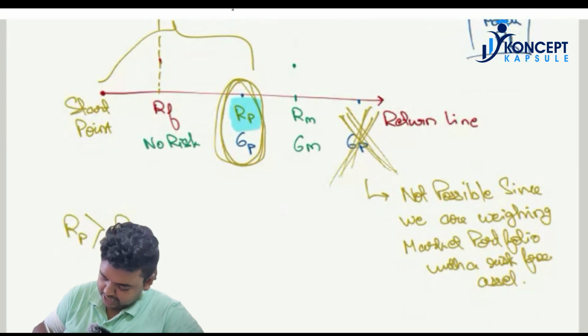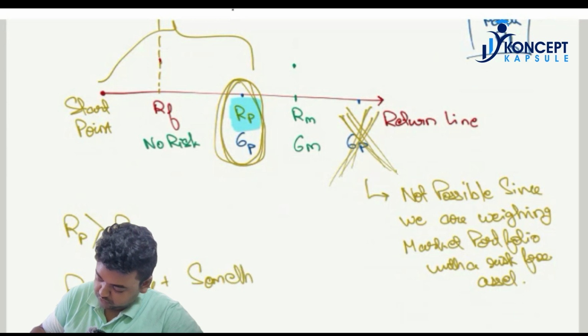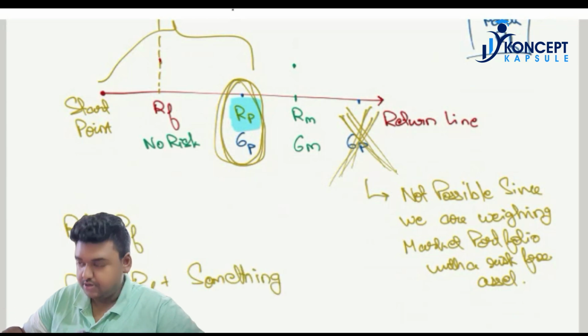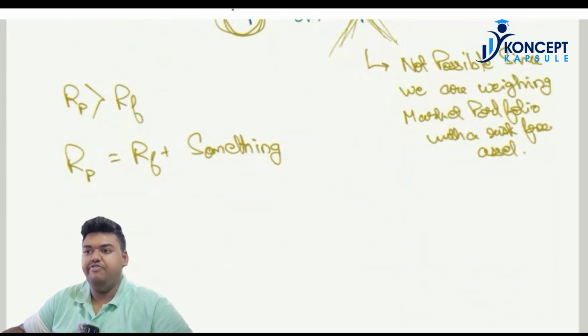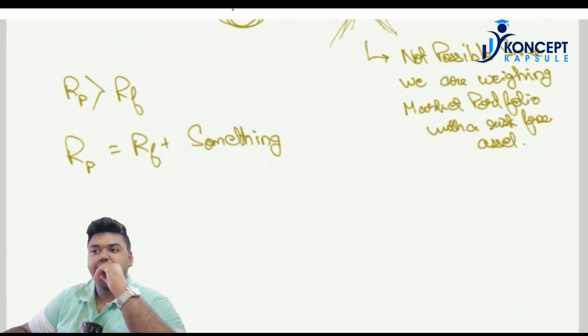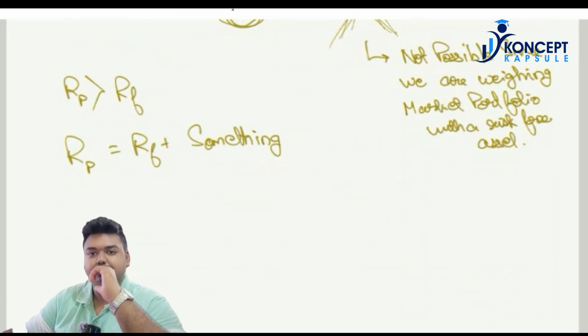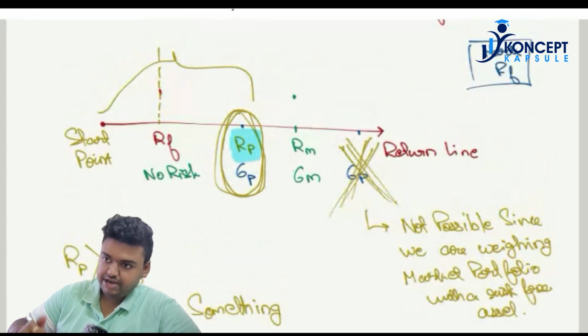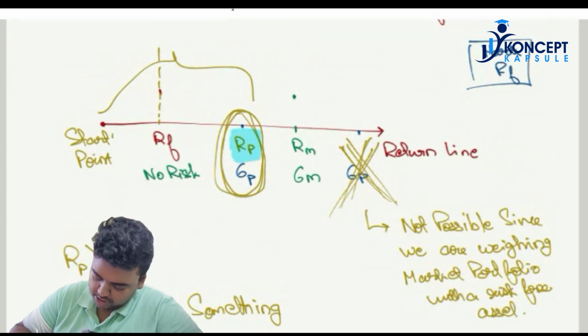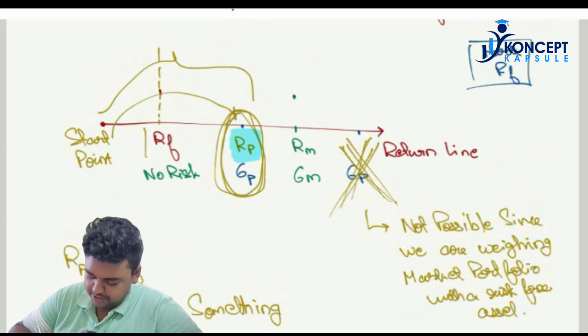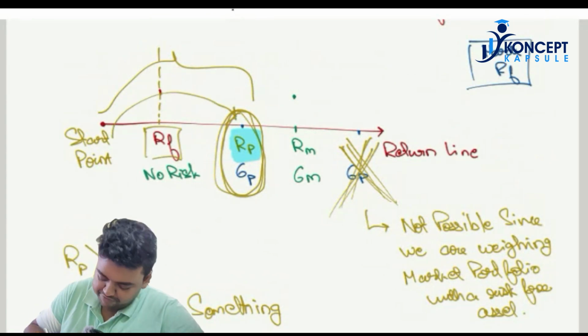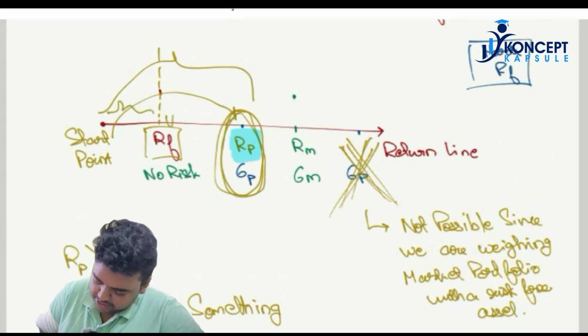So can we say RP is nothing but RF plus something? Correct. Can we say if RP is always greater than RF, then RP is nothing but RF plus something? See over here, when we are moving from the start point to RP, RF is in between. So can we say RF plus something in between?